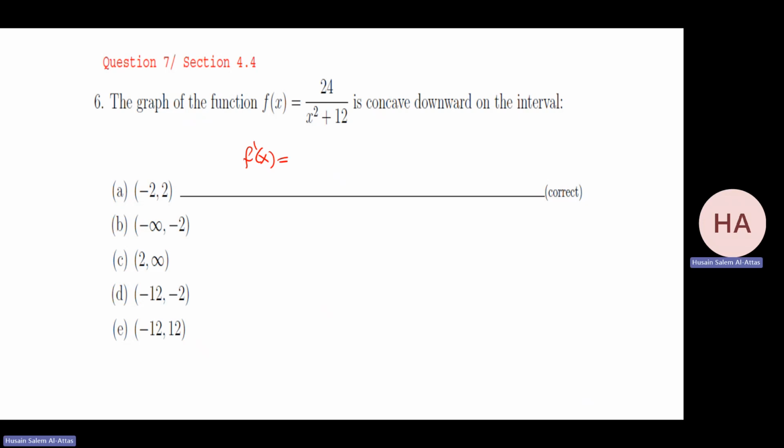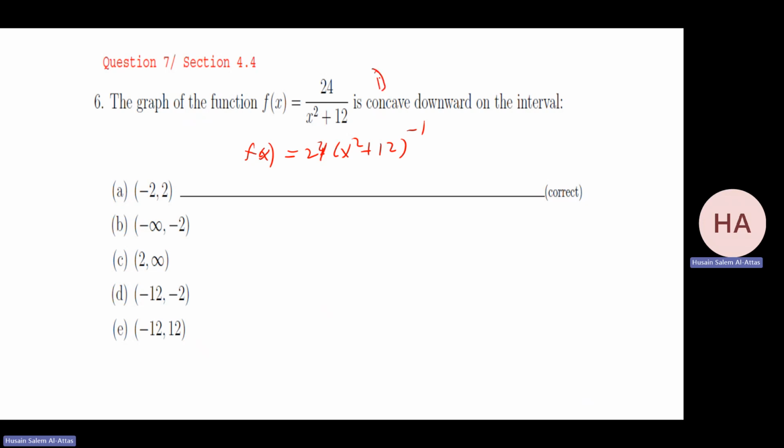So I have f prime. That will be minus 2x times 24 over this square. Or you know what? I can make it powers. It will be easier, I think. If I make f of x as 24 times (x squared plus 12) to the power minus 1.